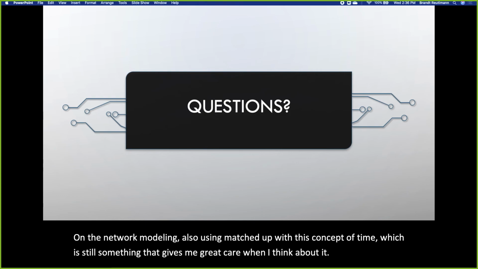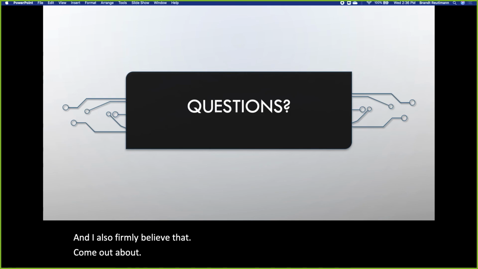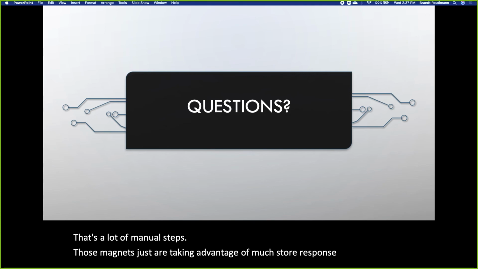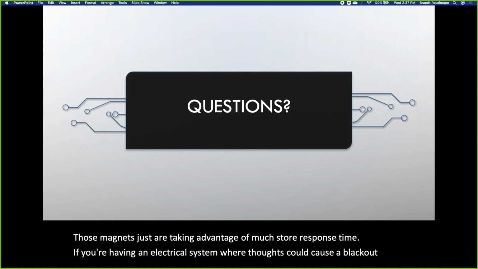And I also firmly believe that Dan's comment about the quote-unquote control system on the gas pipeline side having a lot of manual steps is something we can turn around and say those manual steps are taking advantage of the much slower response time. Whereas having a human in the loop on an electrical system, where a fault could cause a blackout in milliseconds, you just can't do it.